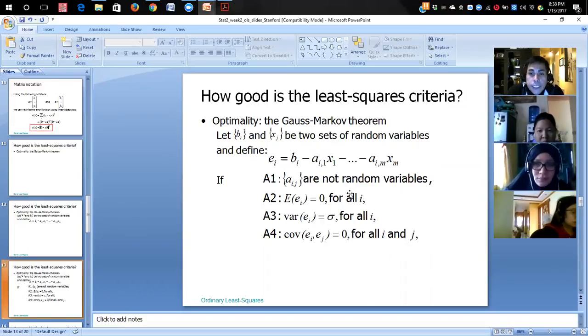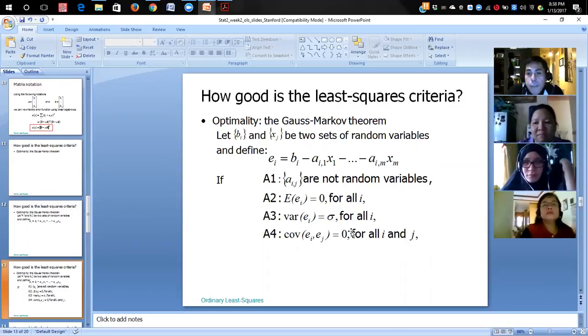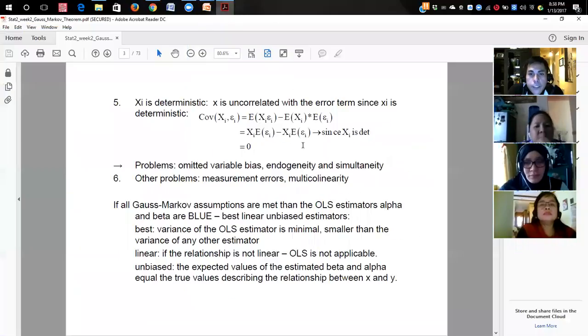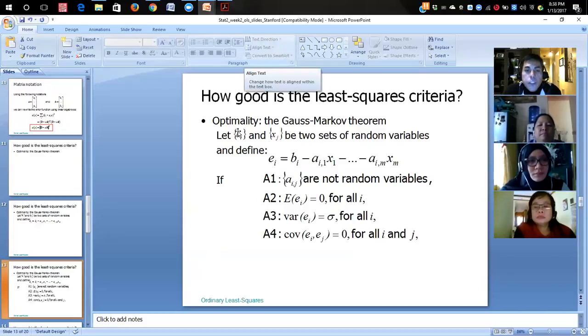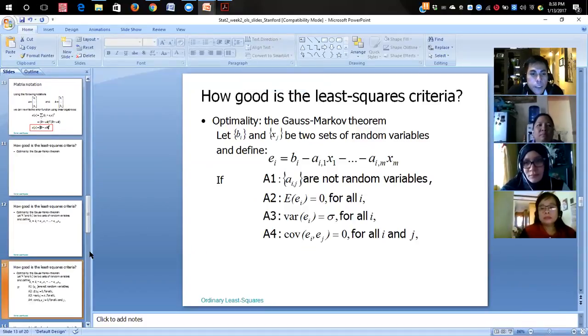And again, it expects that the error is 0, that the independent variables are deterministic, and also that the error term of all the independent variable is also deterministic, so that all of your variables are independent, all of your data are independent with each other.